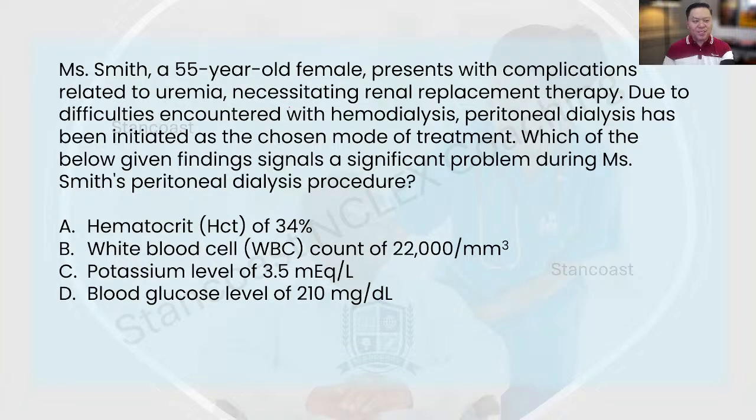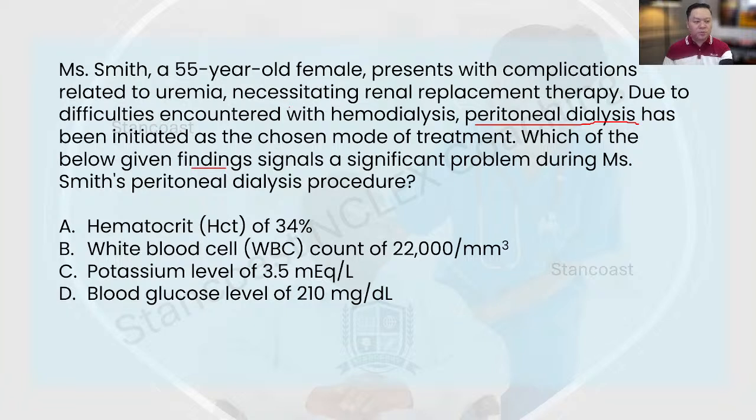Our patient has been using peritoneal dialysis because she had some issues with the hemodialysis, right? Or some difficulties. And now we are tasked to identify those findings in the options that could contraindicate, that could become a problem while the patient goes through peritoneal dialysis.